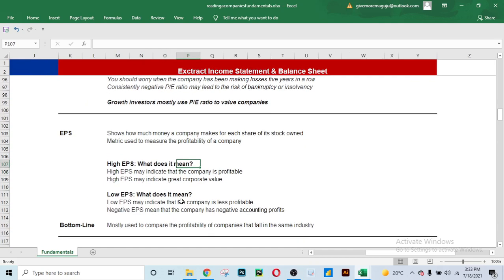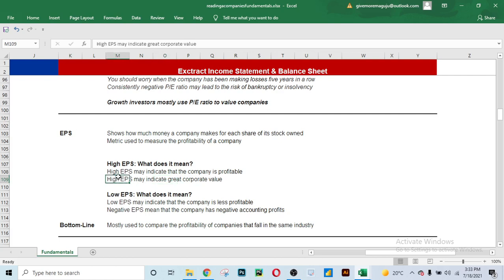Now let's look at the earnings per share. The earnings per share shows how much money a company makes for each share of its stock owned, and it's a metric used by investors to measure the profit of a company, to check whether a company is profitable.